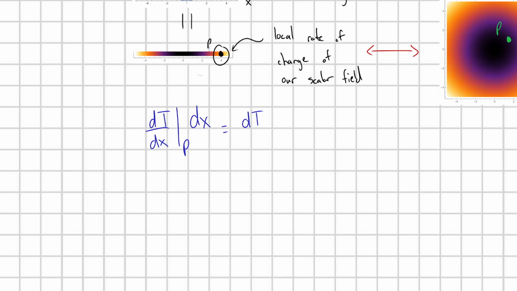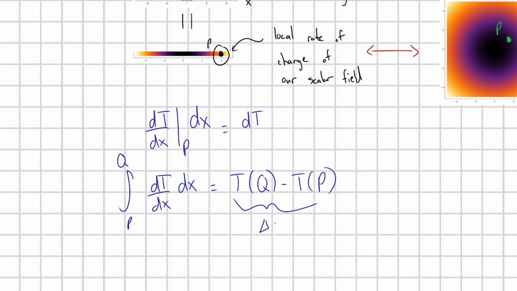If you gave me instead two points, I'll call them P and Q, the integral from P to Q of dT/dx is going to give me delta T, T at point Q minus T at point P, my delta T between my points.